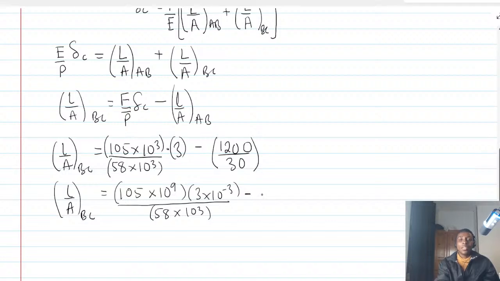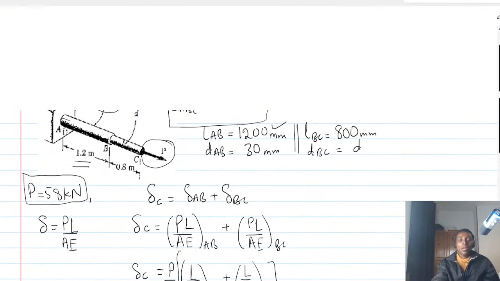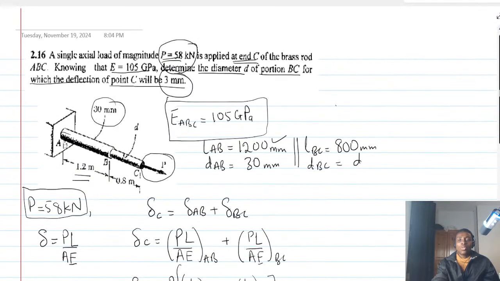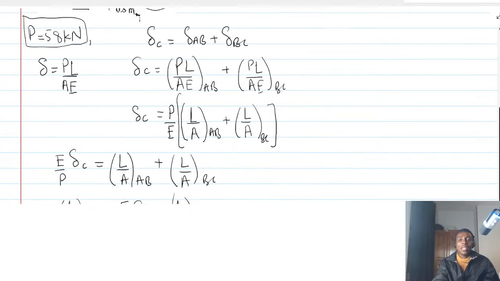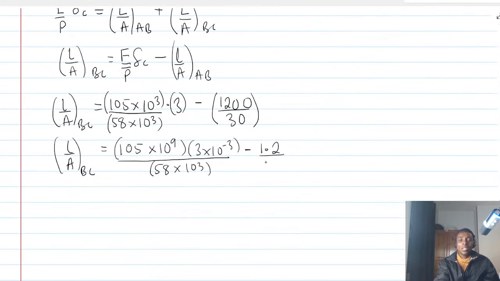Minus, so 1.2 divided by, so 1.2 meters divided by 30 millimeters. So 30 times 10 to the power minus 3. So please do it again and let's see what you get.